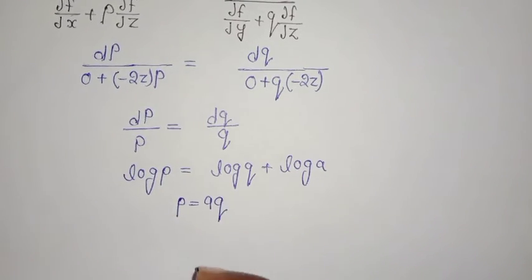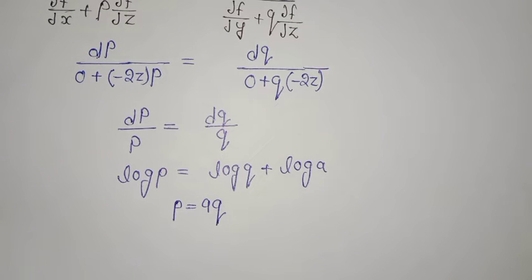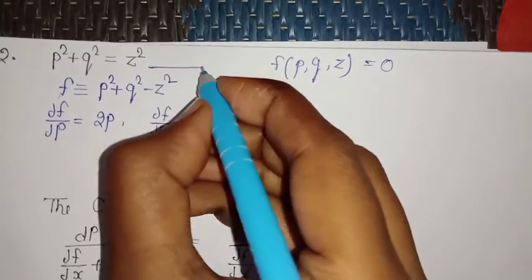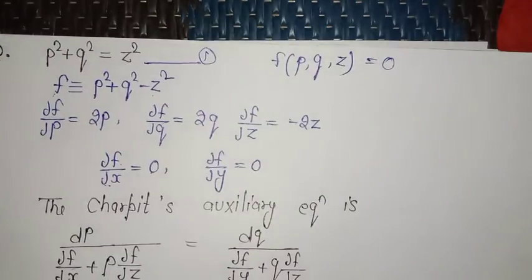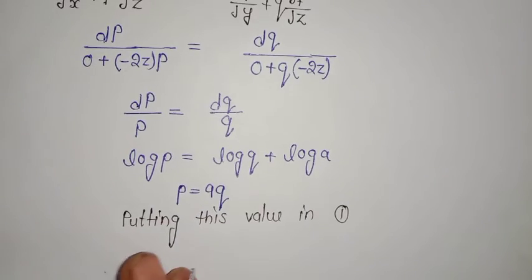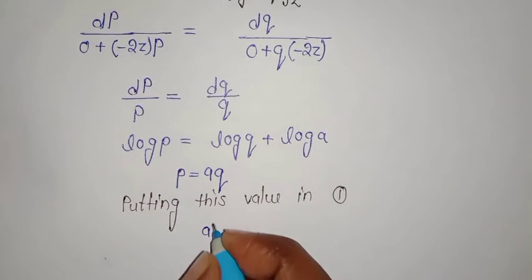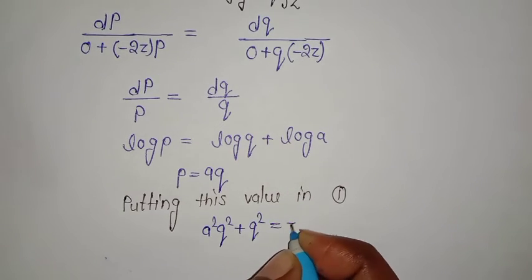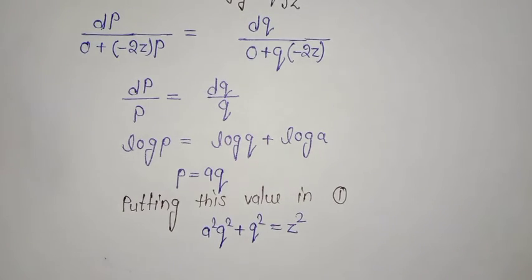Now we put this into equation number 1, which is p square plus q square is equal to z square. So equation 1 becomes a square into q square plus q square is equal to z square, because in place of p we are putting aq.